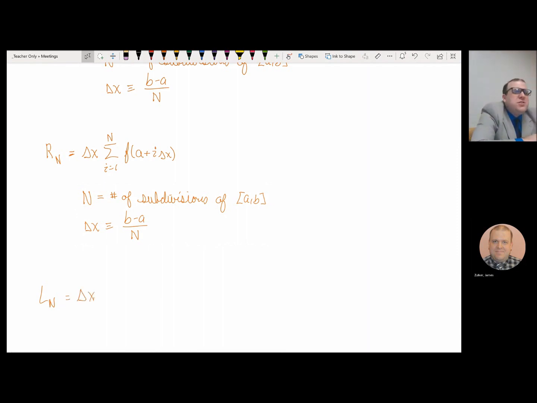The left endpoint approximation is delta x times the summation i equals 0 to n minus 1 of f of a plus i delta x.